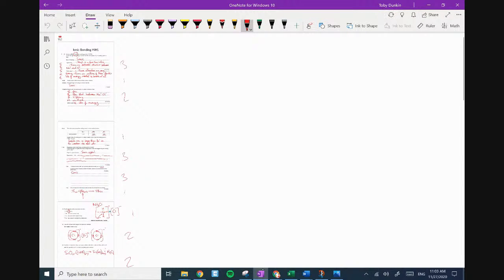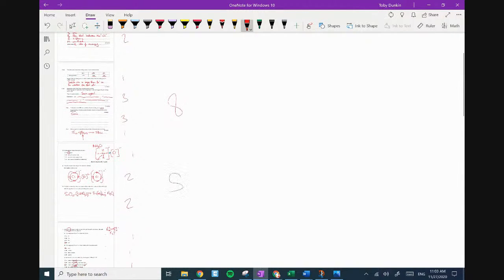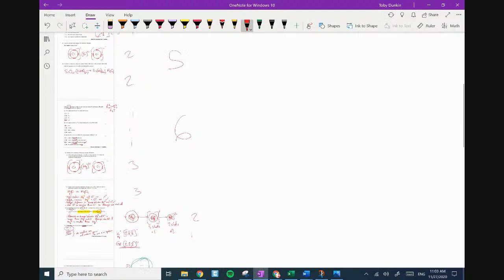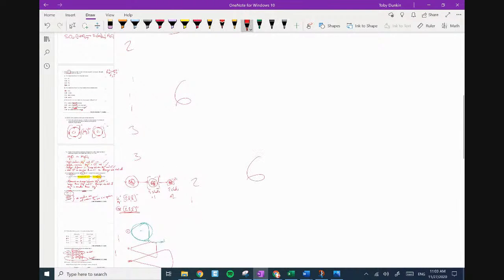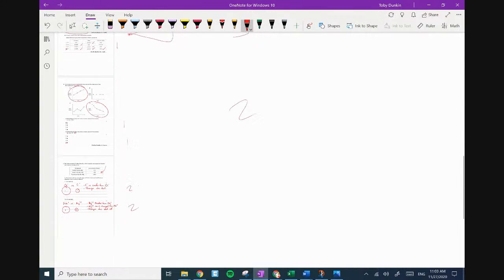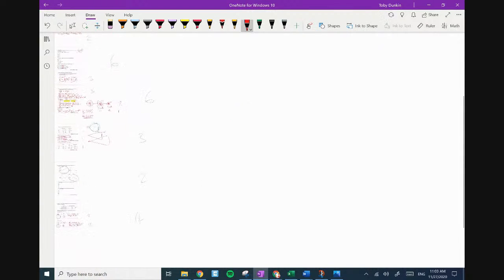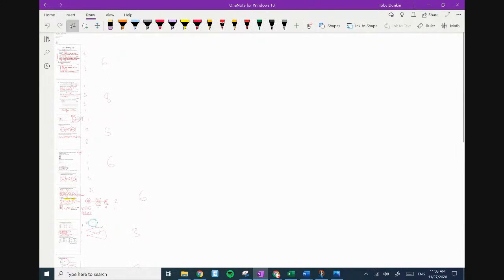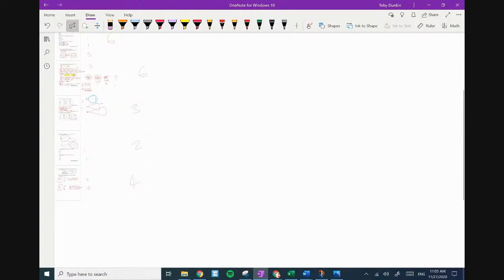So on each page, 6, 8, 5, 6, 6, 3, 2, and 4. That makes it easier. Right, now I can just add those all together. So 6 plus 8 plus 5 plus 6 plus 6 plus 3 plus 2 plus 4.